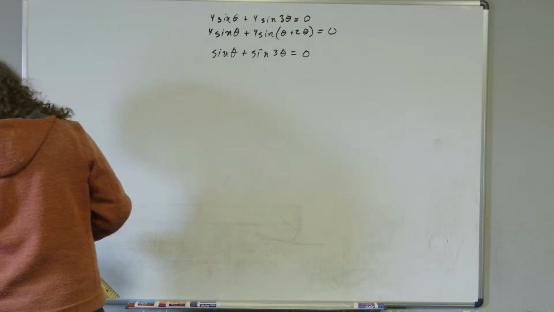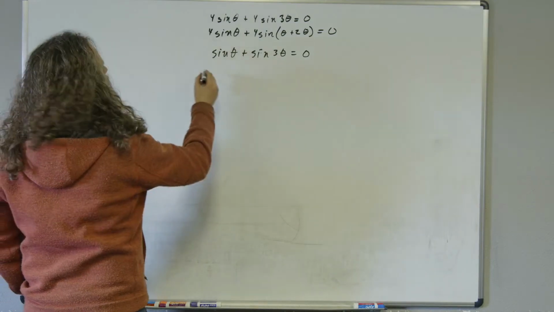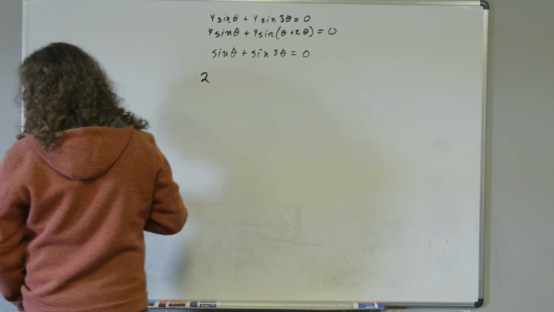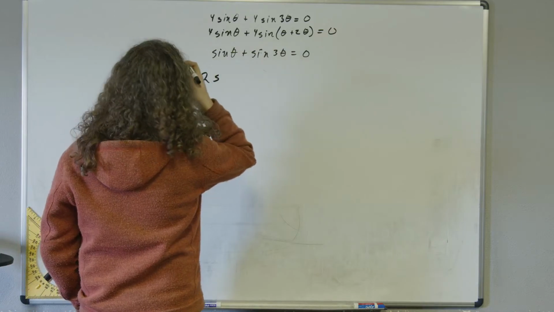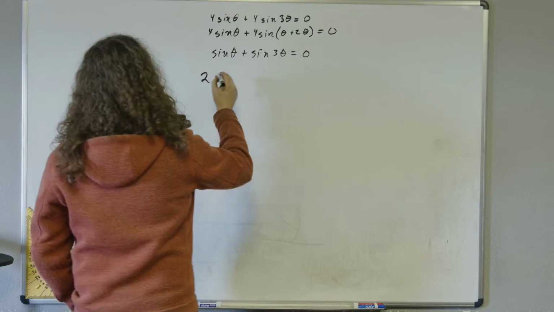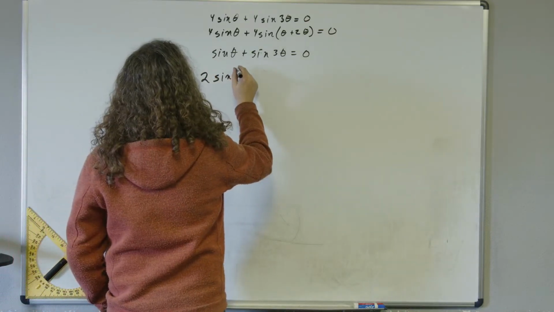And then we can turn that into 2 times the sine. Oh, yeah. Oh, this is an ugly problem. Sine of theta plus 3 theta, right?